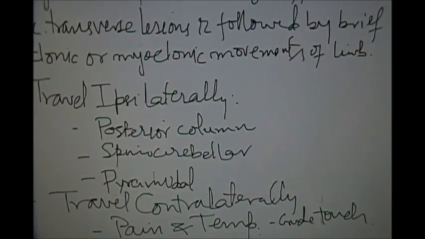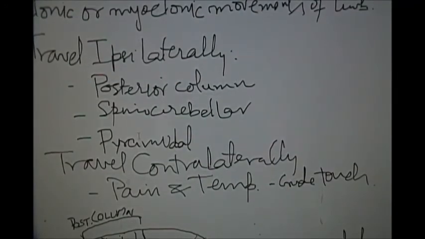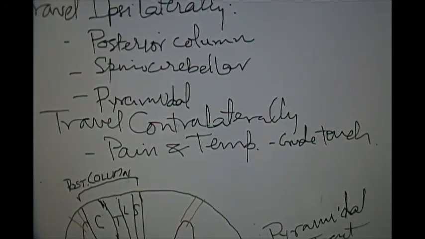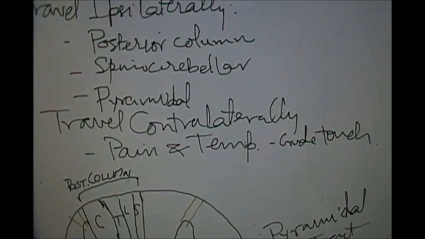And the pyramidal fibers, because they are coming down, cross over in the medulla and in the spinal cord they go to the ipsilateral side. The fibers that travel contralaterally are pain and temperature fibers and that of the crude touch.